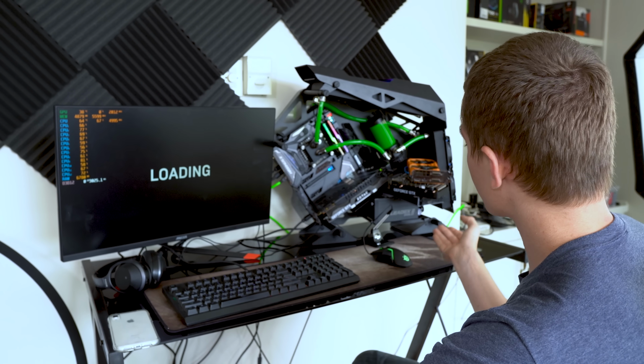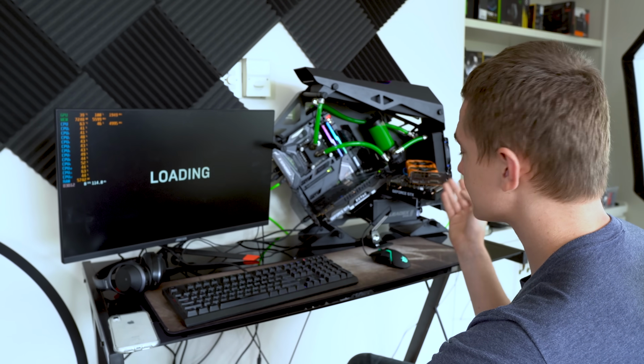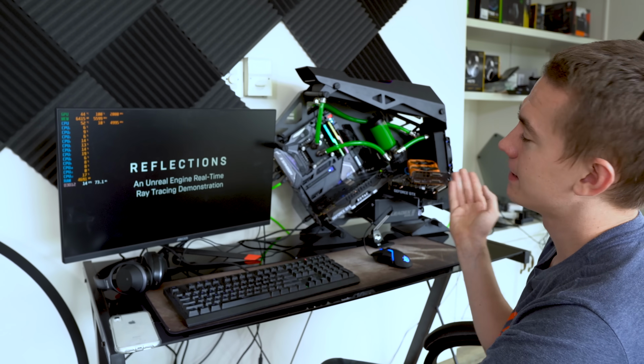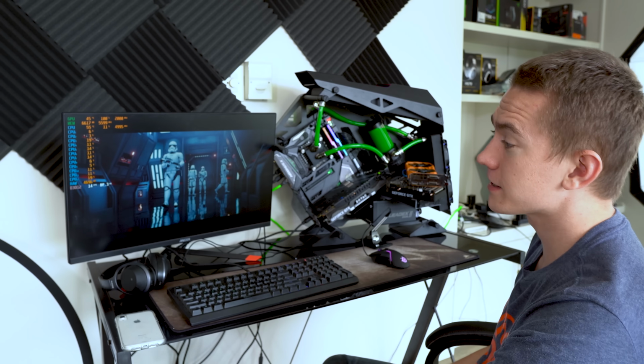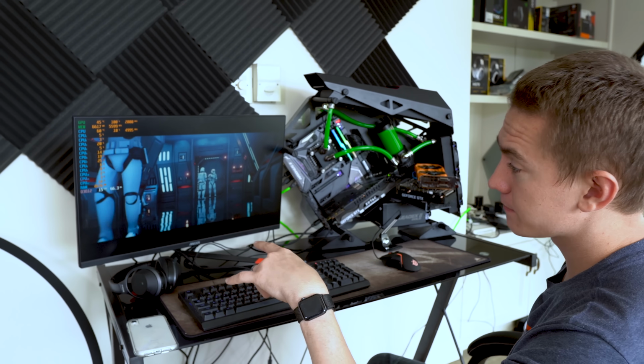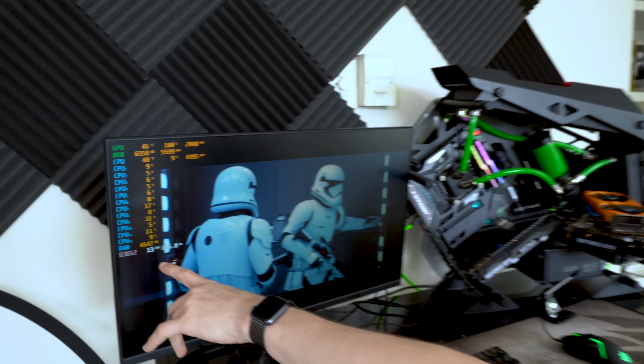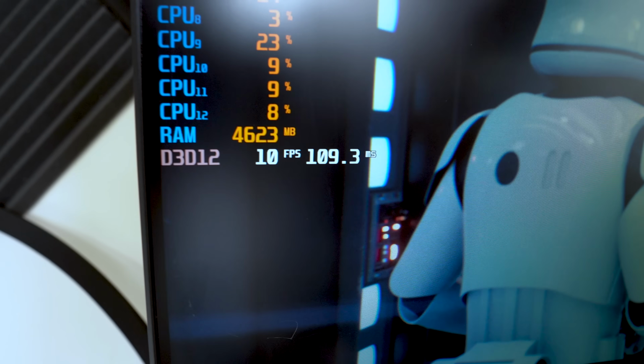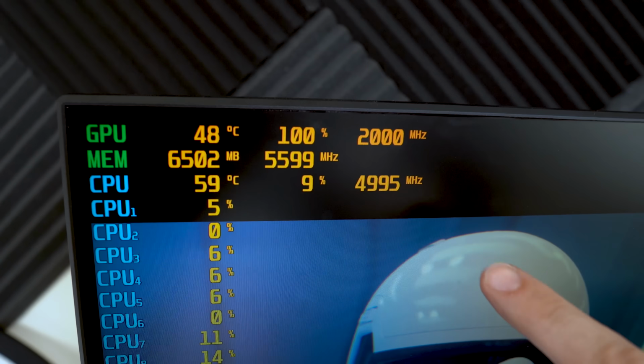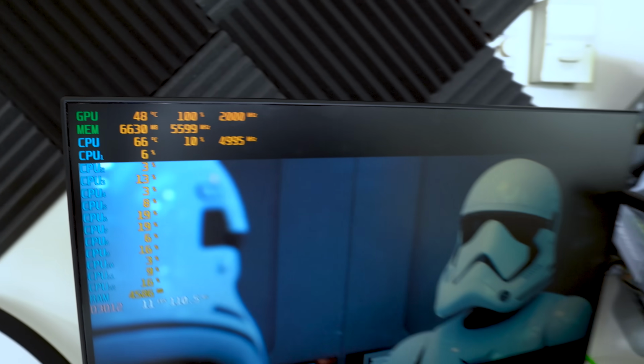There's clearly a bottleneck on the RTX 2060, the 1660, and the 1060 with their VRAM that the 1080 Ti is not experiencing, but even with the VRAM difference, you can see it's only running at 15 FPS at 100% usage at 2 gigahertz. We're running at 2000 megahertz right now. And this 1080 Ti cannot even manage what the RTX 2060 did.